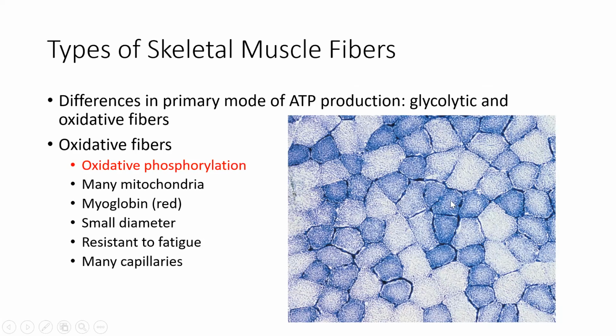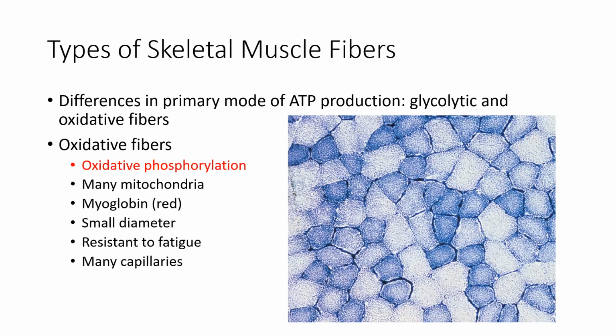So they're going to be darker staining as opposed to the glycolytic fibers, which are whiter staining. And that's because of the presence of myoglobin. Myoglobin is the protein carrier, synonymous with hemoglobin, that's specific to muscle. And so it's the carrier that's actually mobilizing this oxygen into these tissues. And so that's going to make this type of fiber appear more red.